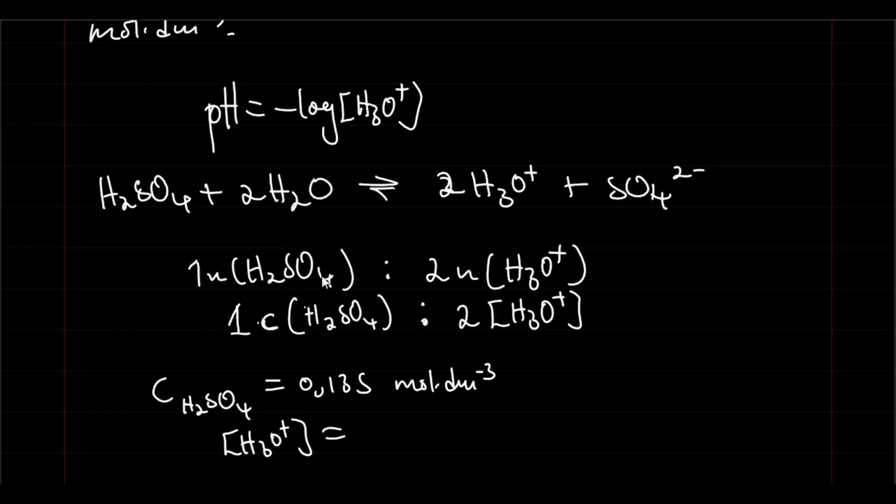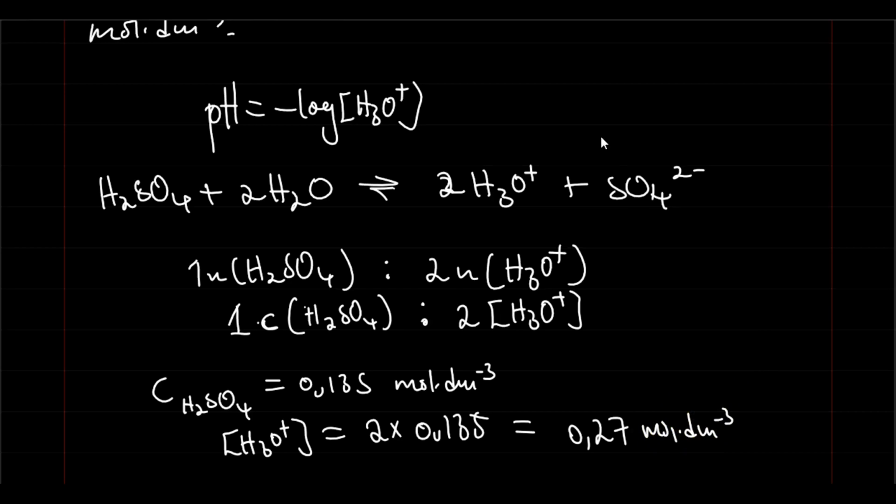Because for every 1 mole per dm cubed of H2SO4, there's 2 mole per dm cubed of hydronium, we'll have 2 times the analytical concentration, 2 times 0,135, which is 0,27 mole per decimeter cube.